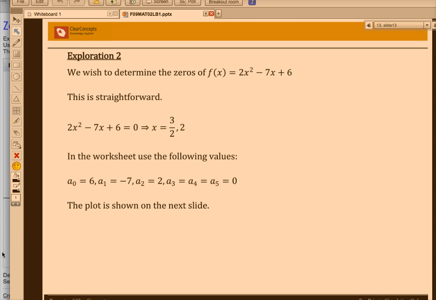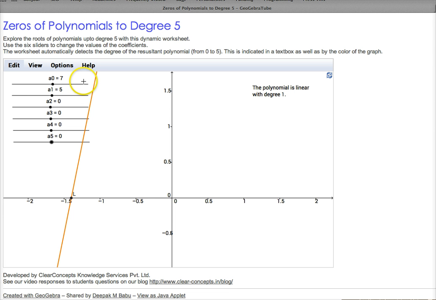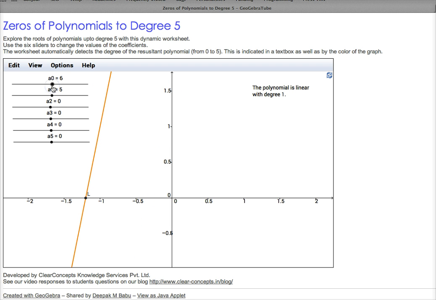What values do we need? The expression is 2x squared minus 7x plus 6. So in this case, the value of a0 ought to be 6. The value of a1 ought to be minus 7. Okay, it's a bit delicate, so be pretty careful.